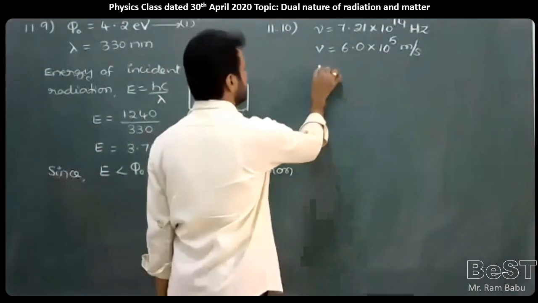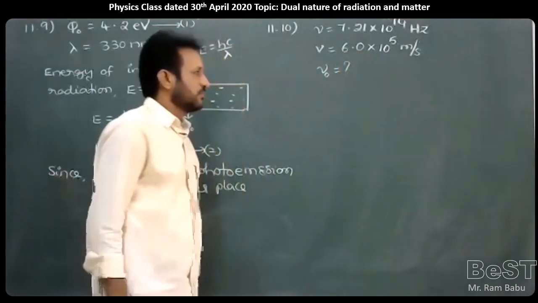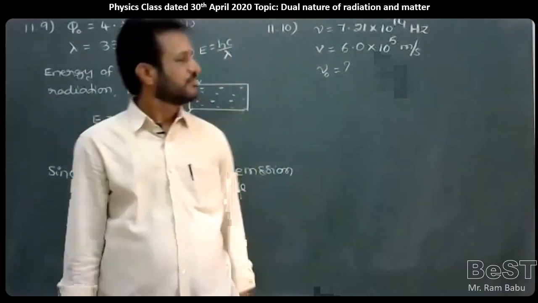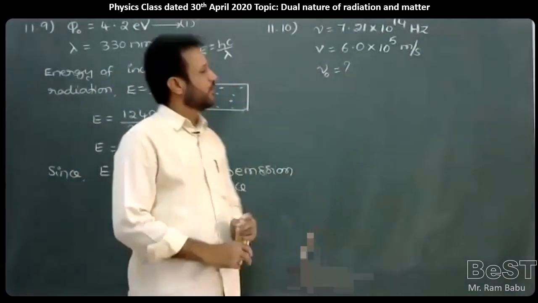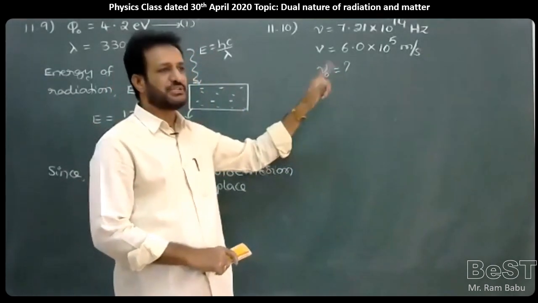Now, what is the threshold frequency of photo emission of electrons?